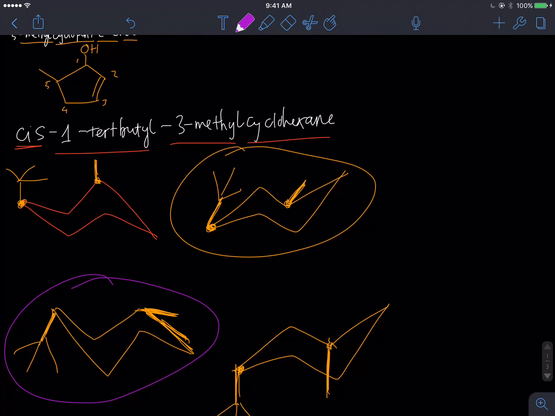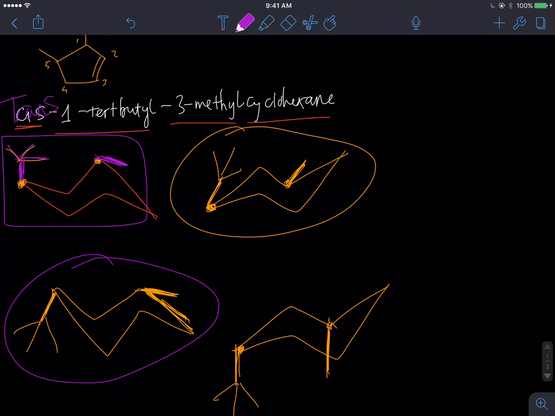Okay, what if I change this 6 into a trans? Still the same, I pick this one. So this one is up, this one has to be down. Down is axial, right? And up is this right here. That's a trans.